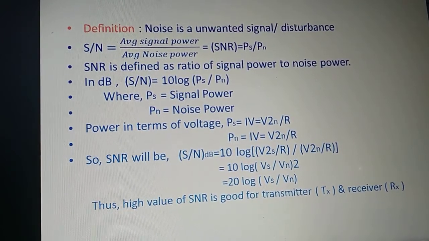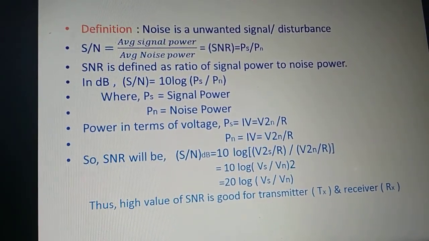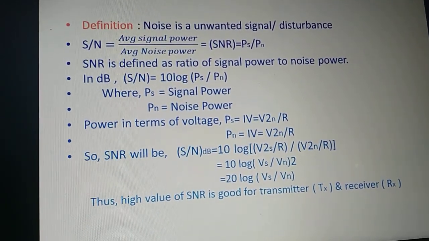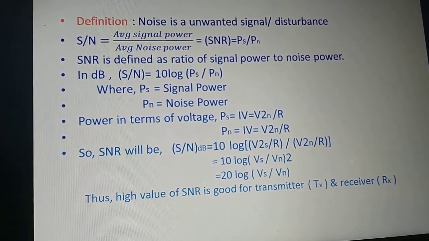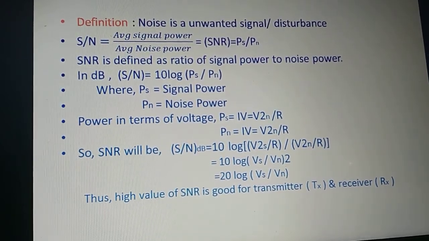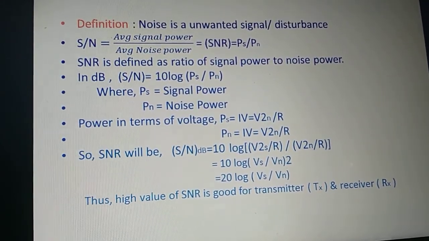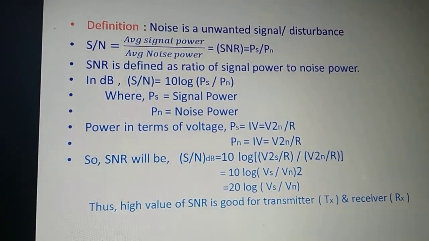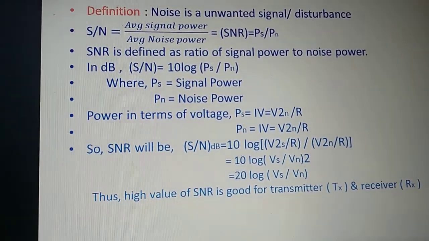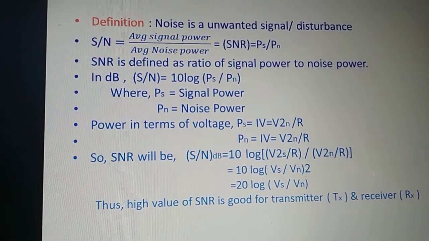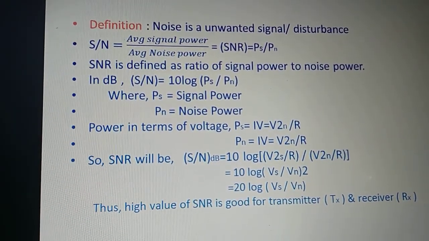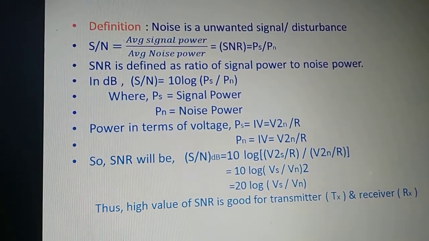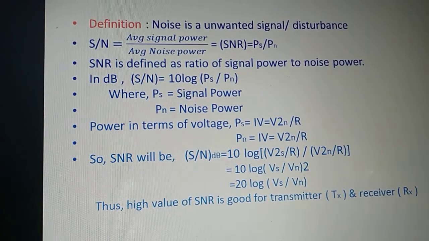The signal to noise ratio is defined as the ratio of average signal power to the average noise power, and it is simply represented by SNR. Hence I can put it simply, signal to noise ratio is a ratio of PS to PN, where PS is the signal power and PN is the noise power.